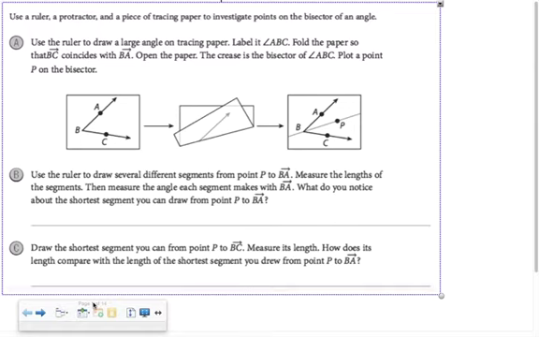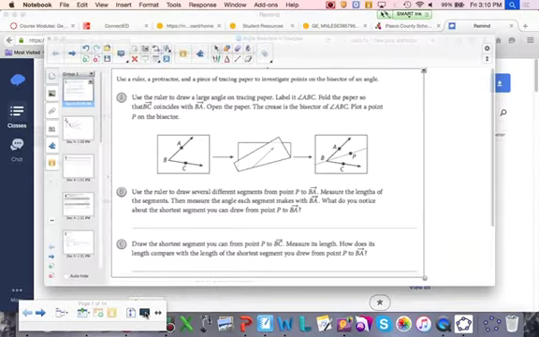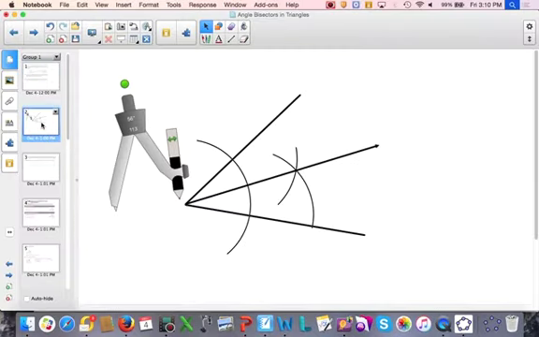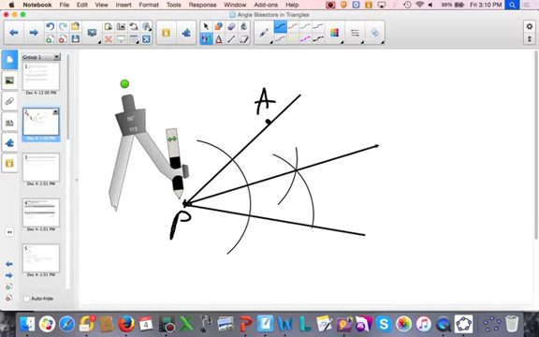So what they're wanting us to do is to use the ruler to draw several different segments from point P to ray BA and measure the length of the segments and measure the angle each segment makes with BA. So here's angle ABC.